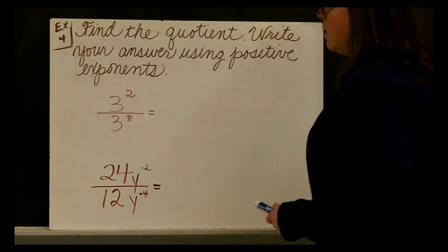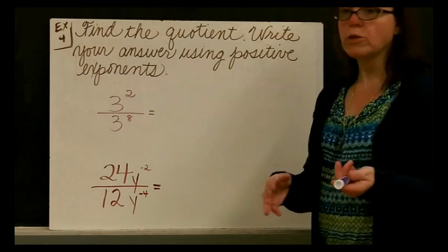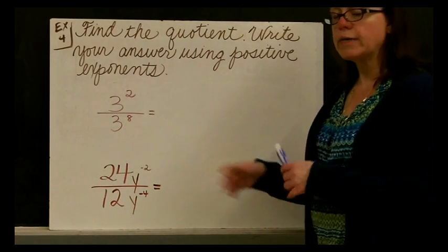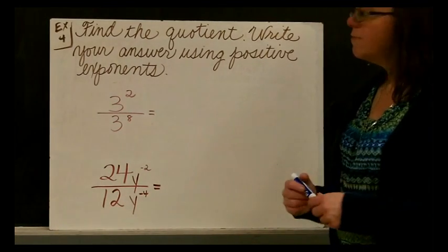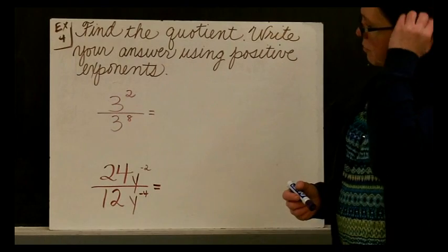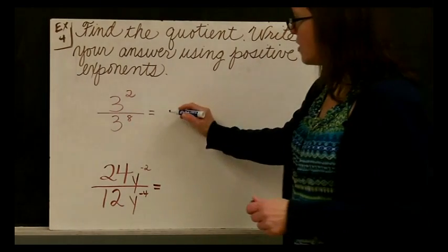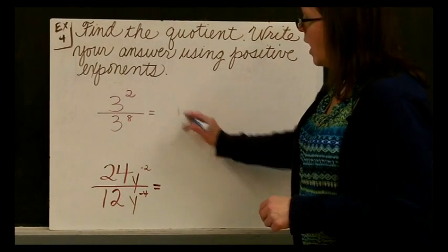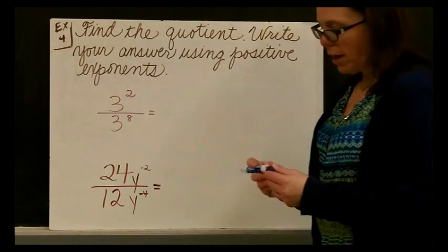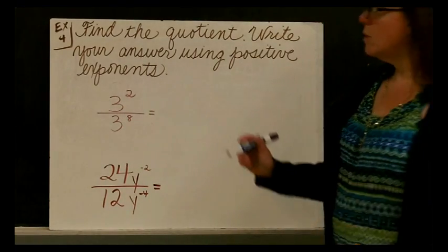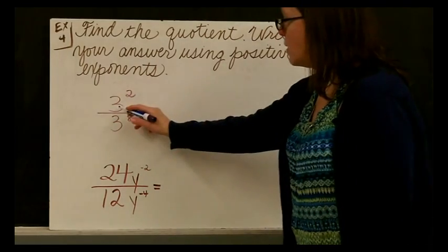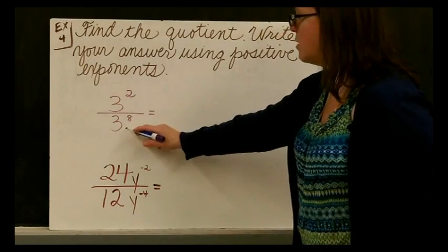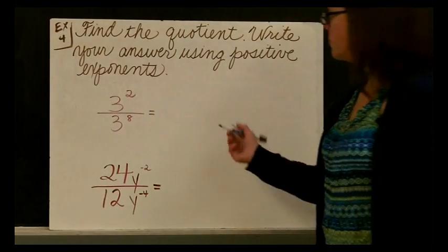So once again, we have a case where we are taking what we learned in the previous lesson and applying it to negative exponents. Here we are going to find the quotient. You know, the fractions or division problems. And when you have powers in a fraction, you have to subtract the exponents. We have 3 squared divided by 3 to the 8th power.